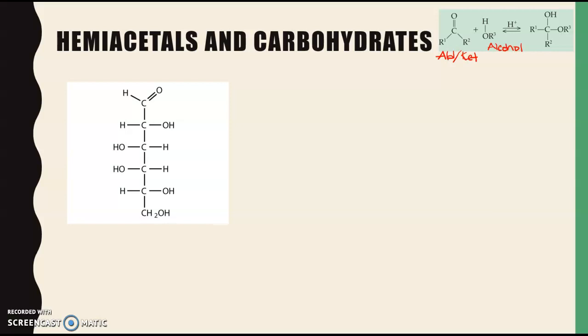So these are essentially tautomers of each other, where they can interconvert between. And you may notice that in this linear form, our glucose has an aldehyde right here and many alcohol groups, but this is really the one of interest right here.